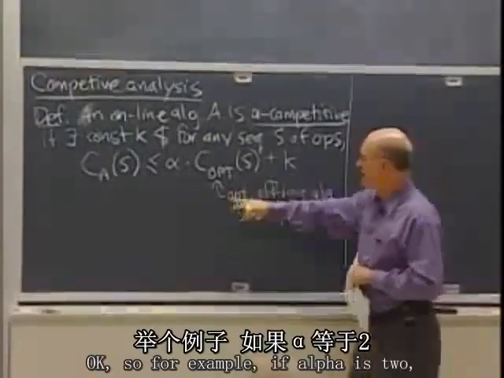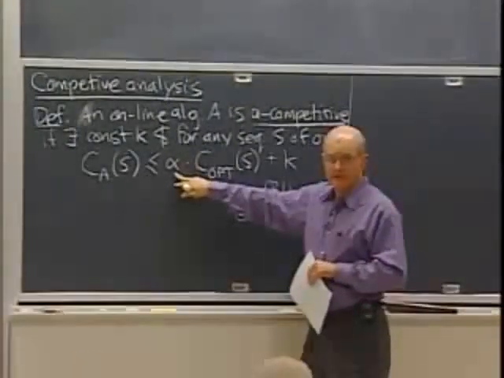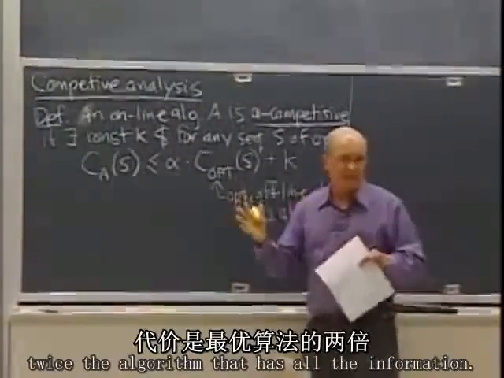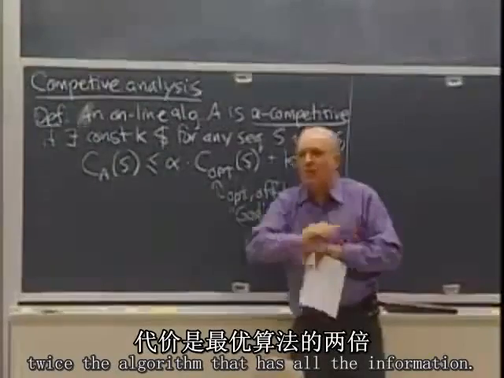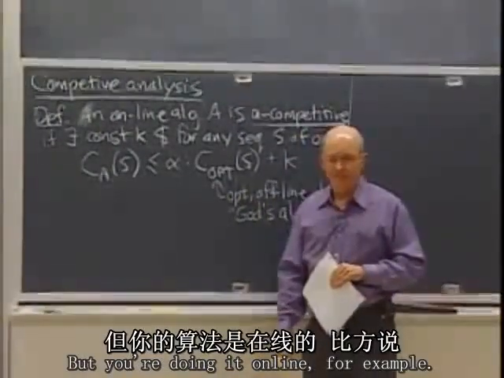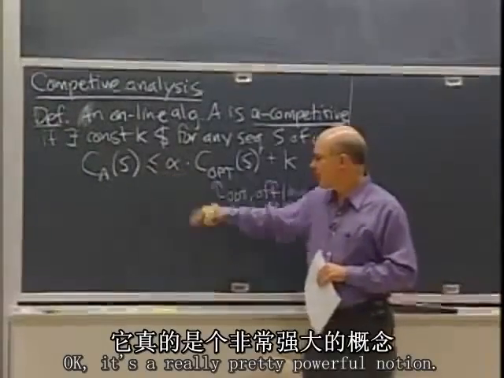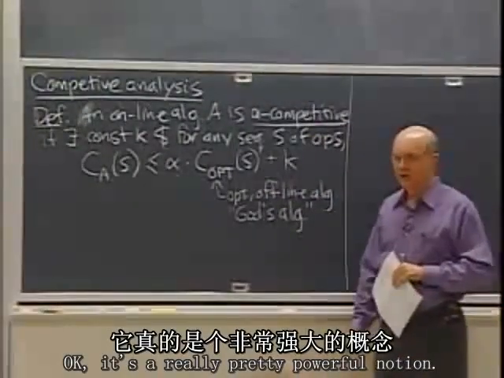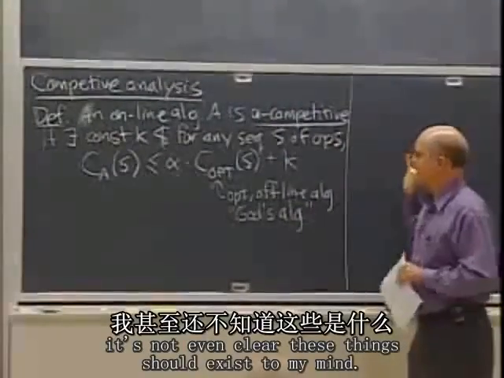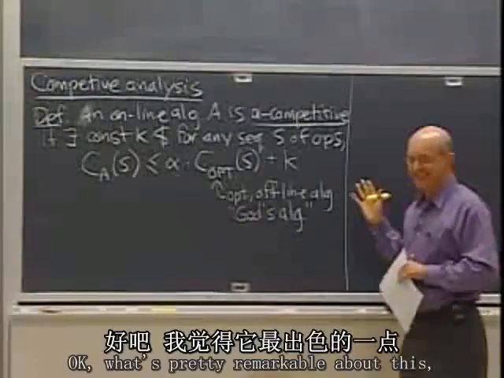So for example, if alpha is 2, then we say it's 2 competitive. That means you're going to do at worst twice the algorithm that has all the information, but you're doing it online, for example. Okay? So really a pretty powerful notion. And what's interesting about this is it's not even clear these things should exist, to my mind. Okay?